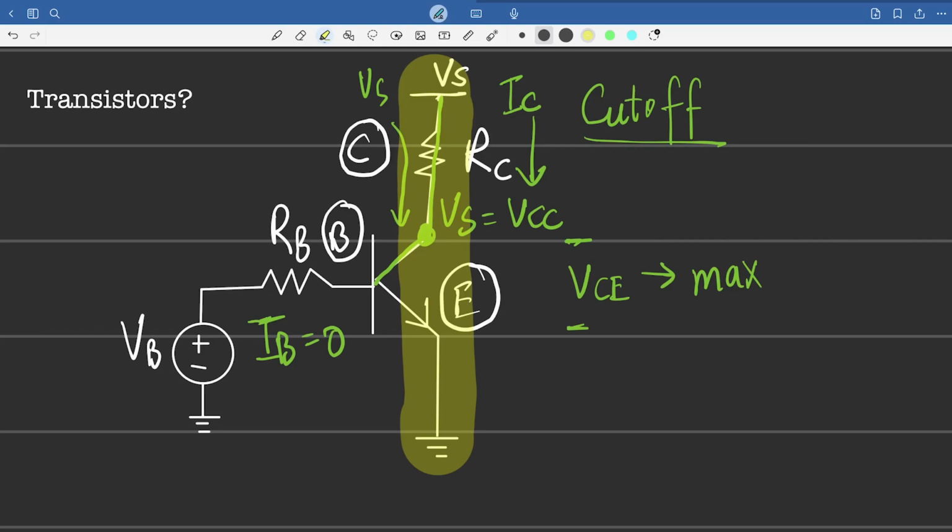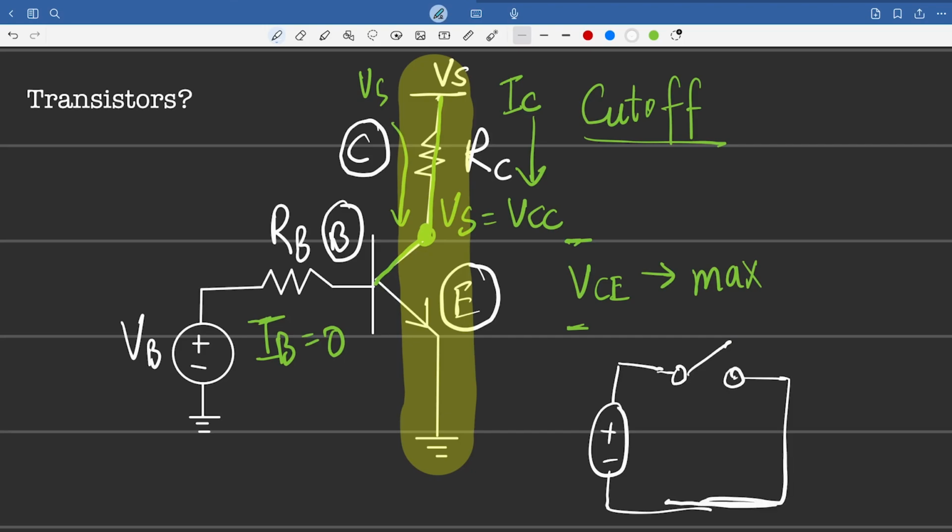So it's going to basically behave as an open circuit, like this positive negative here connected to the ground, and there's a switch here, like that. And boom, it's like an open circuit. There's no voltage drop, so the voltage here is going to be maximum. So this is how the cutoff region works.